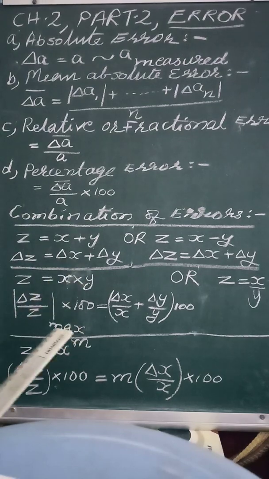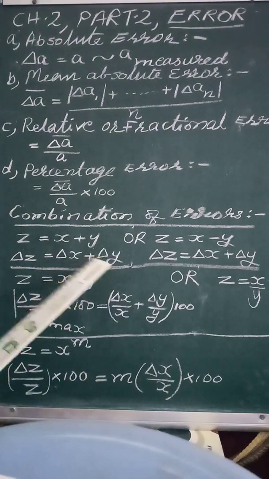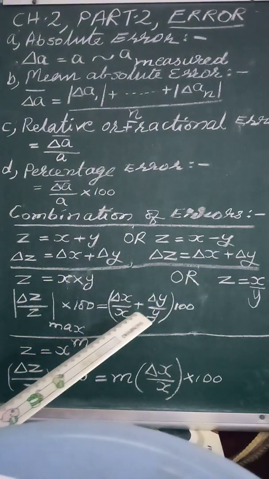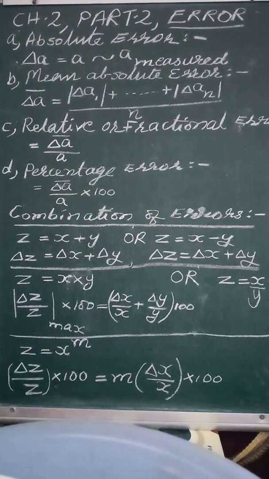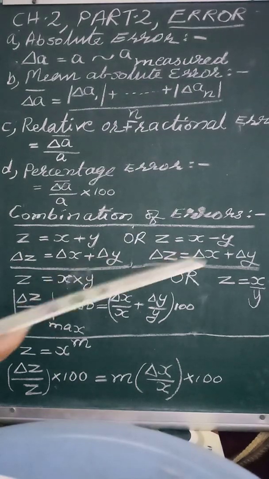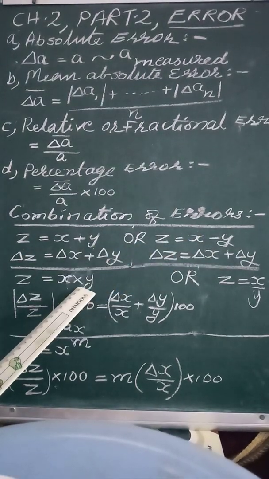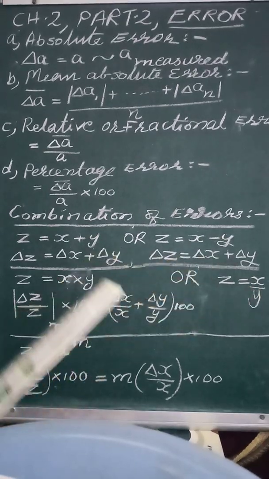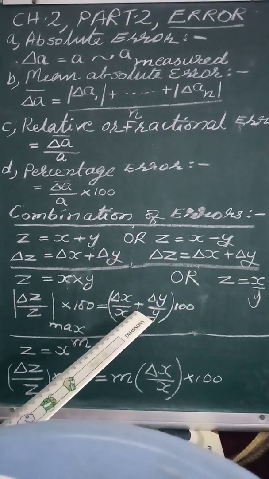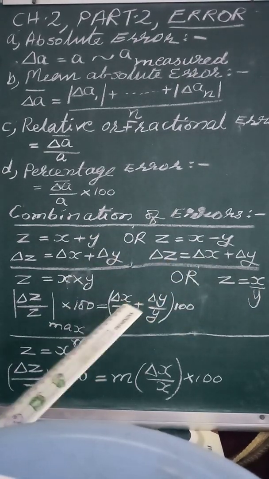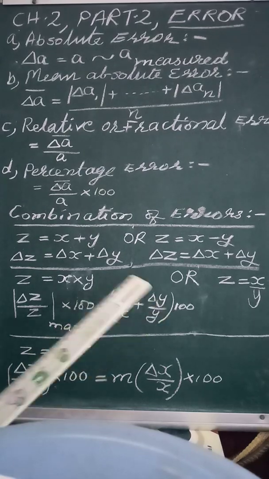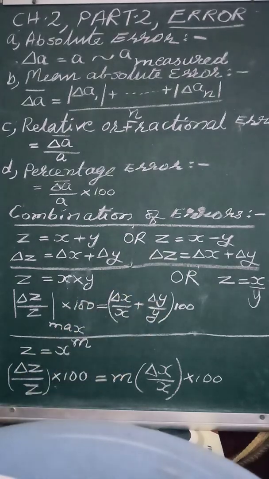So in all the cases, errors are to be added. Whatever may be the function, you are doing addition, you may do subtraction, errors are added. You are doing multiplication, you are doing division, again here errors are added. What type of error is added here? They are the fractional error.